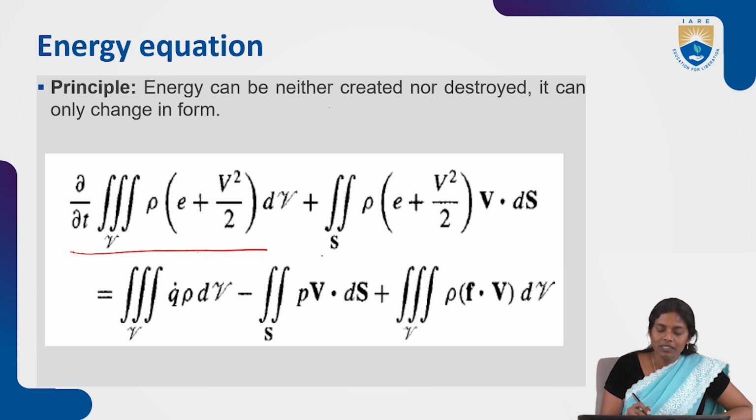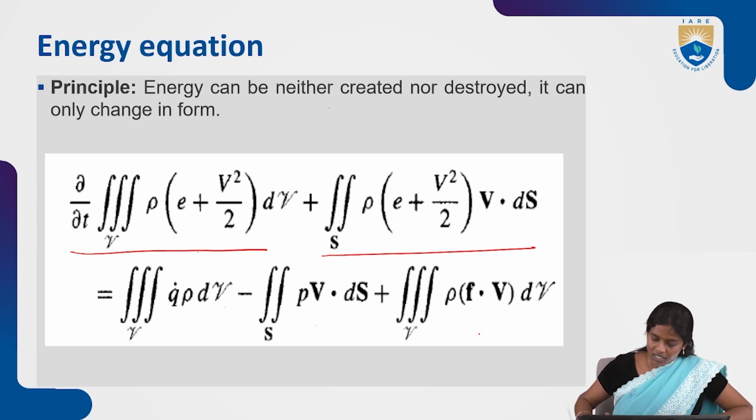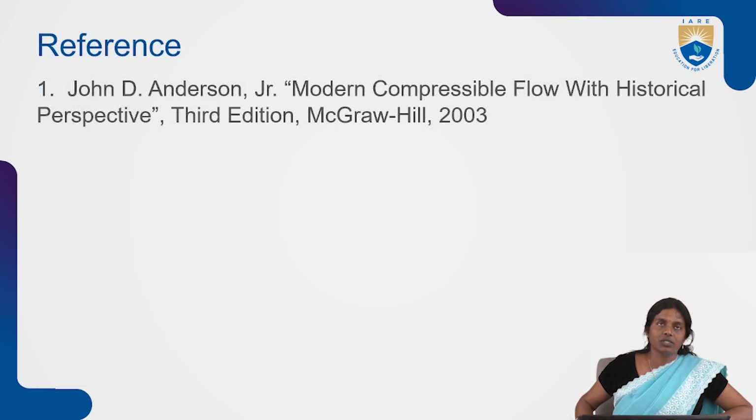Then, plus on the surface, the change in internal energy: rho into E plus V square by 2 times V dS, equal to the volume integral of q dot rho dV minus the surface integral of p V dS plus the volume integral of rho f dot V dV. So this is the conservation of energy equation.